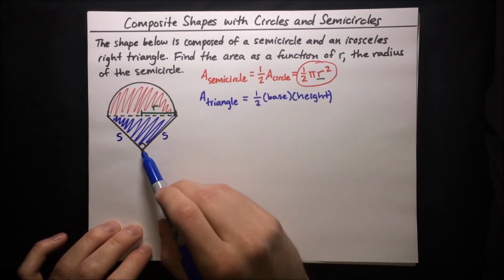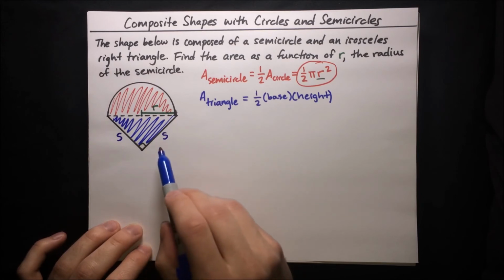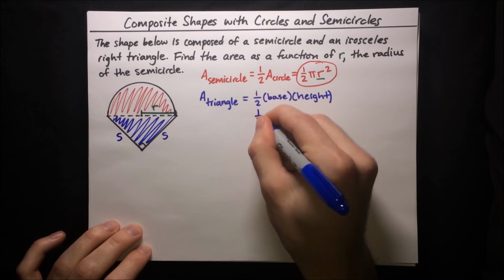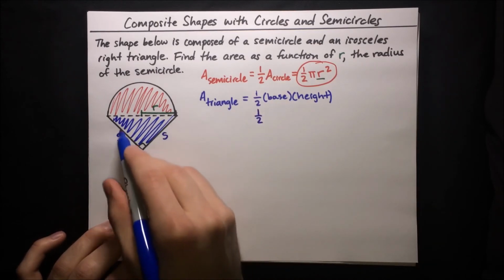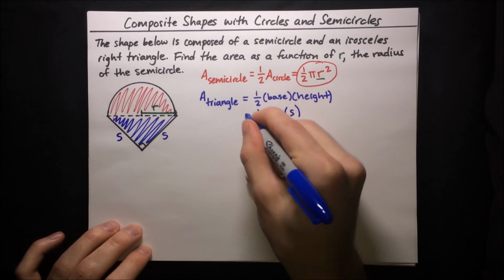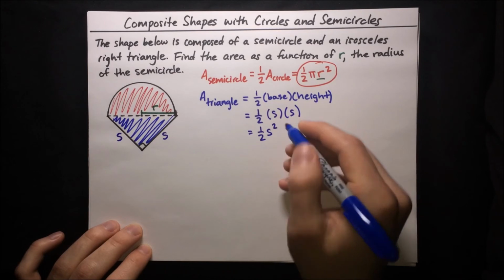It's really just half of a square. So the area is just a half times s times s. This s can be our base, and that s can be our height. A half times s times s, which is just a half s squared.